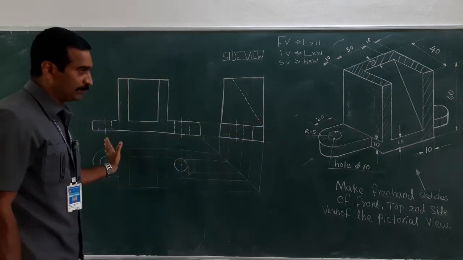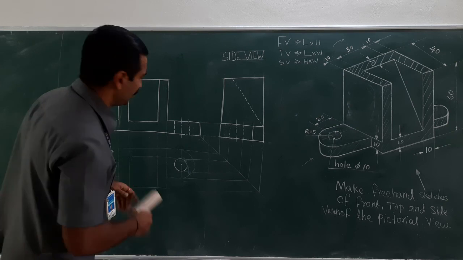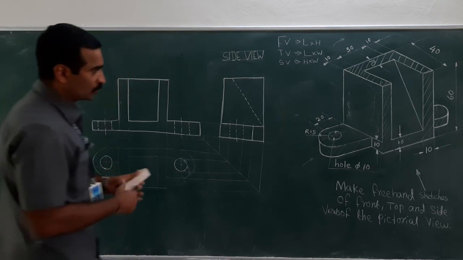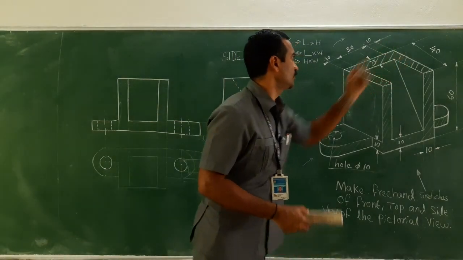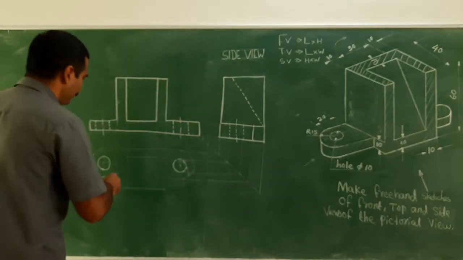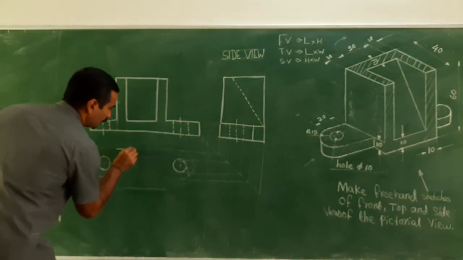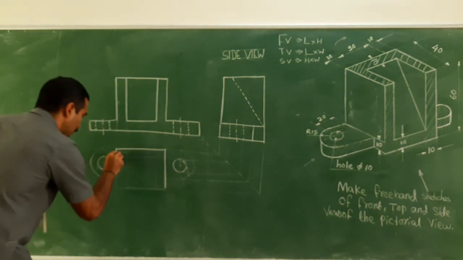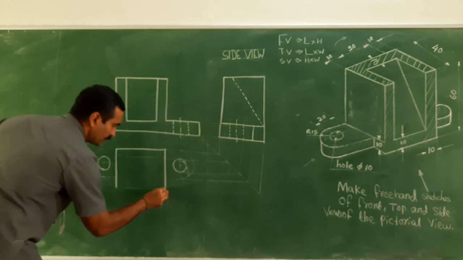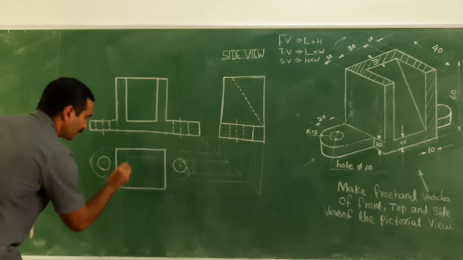Let me just move to the top view, right? Here, top view, look at here. When you just look at here, there is no connection here. This is a separate one, right? So that C shape, let me just darken that particular portion, right?